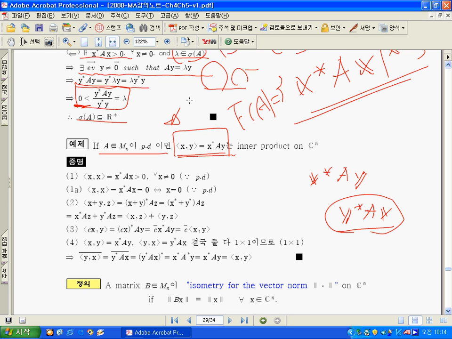If A is positive definite, we can show this function satisfies the five properties of an inner product. Let's see. This is true because A is positive definite. This is the same as this, but this is 0. What does that mean? It means 0 only if x is equal to 0. So it satisfies positive definiteness.